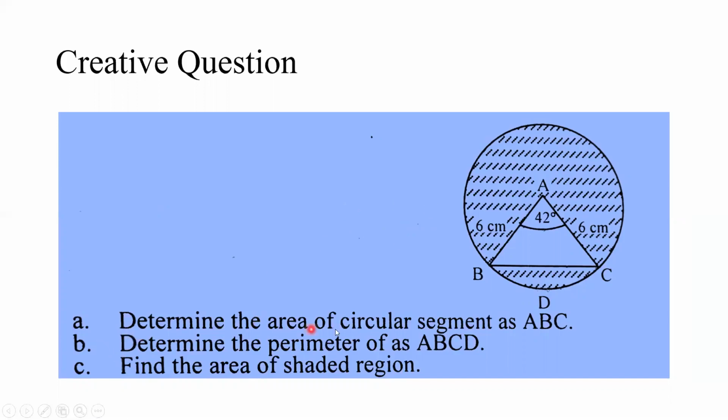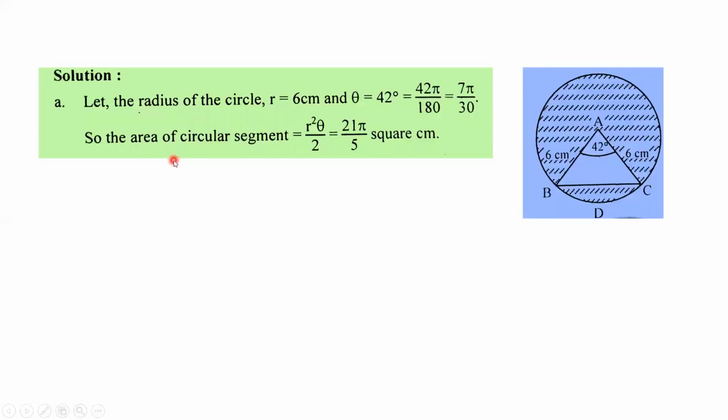First question, determine the area of the circular segment ABC. Second, determine the perimeter of ABDC. Third, find the area of the shaded region. This is a very easy question for you. First question, determine the area of the circular segment. See this figure and see the solution.